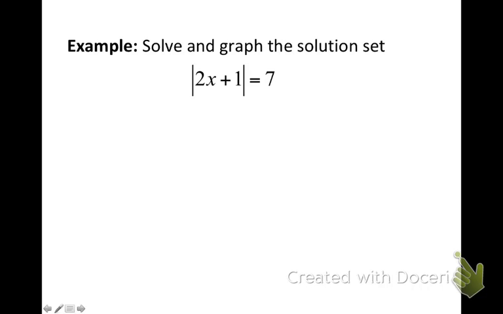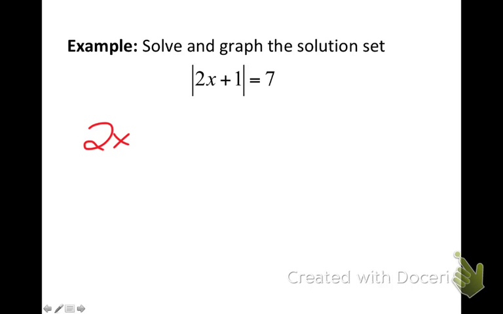I can go 7 units to the right of 0, and I can go 7 units to the left of 0, right? So just like the last example, my solutions were negative 4 and 4. Here, I'm going to have negative 7 and 7 for my units away from 0. So you're going to have both a positive and a negative case.